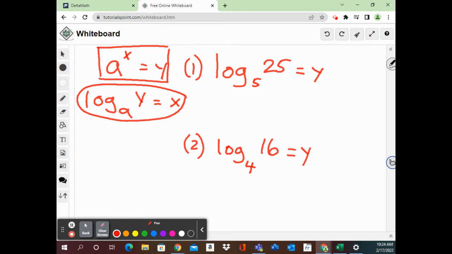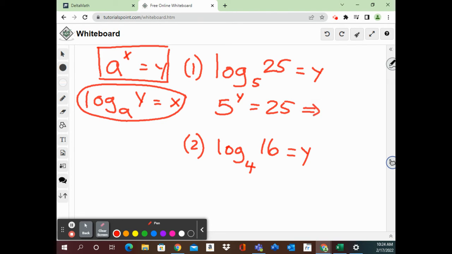From a visual standpoint, it's a lot easier for us to understand exponents since we previously did them. So we have log base 5 of 25 is equal to y. Let's convert that to 5 to the y is equal to 25.